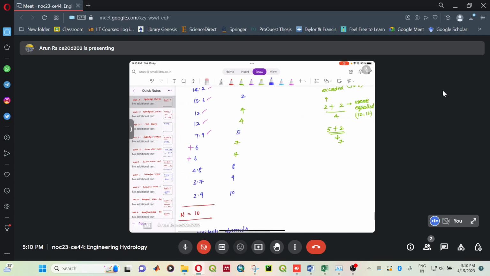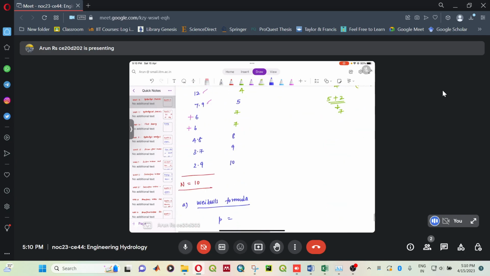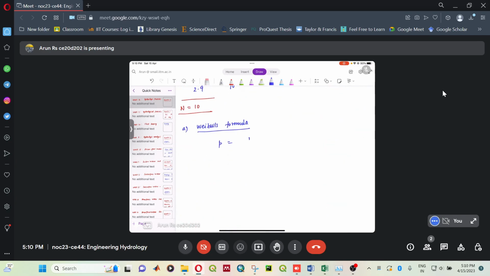Probability is given by m by n plus 1, which is equal to 1 by T. But we want return period, so that will be P inverse, which is n plus 1 divided by m.